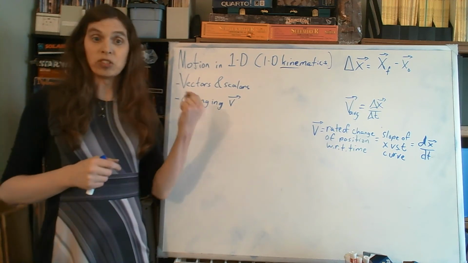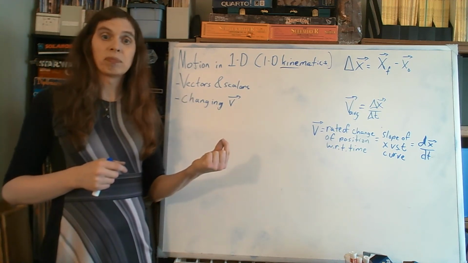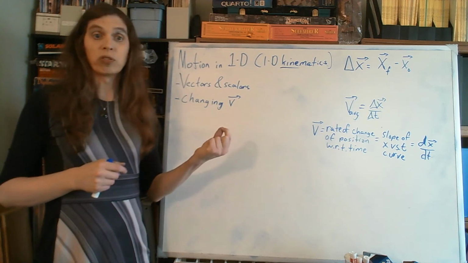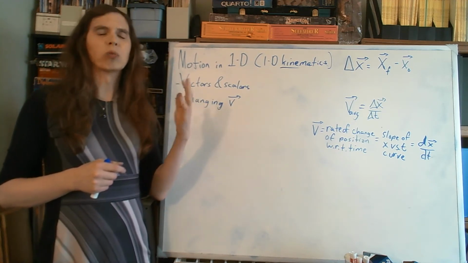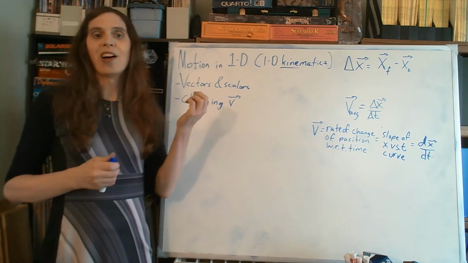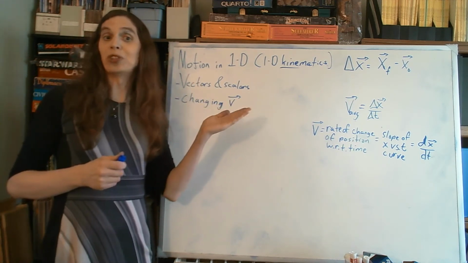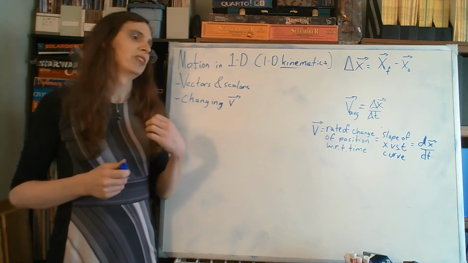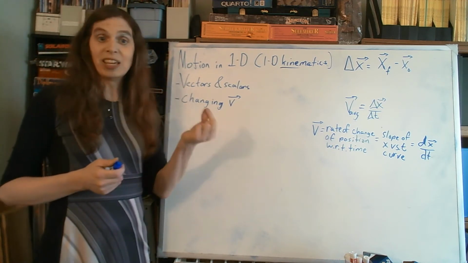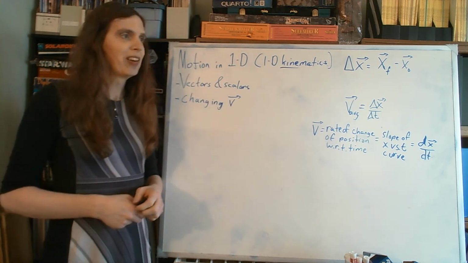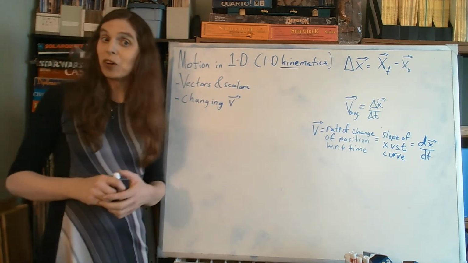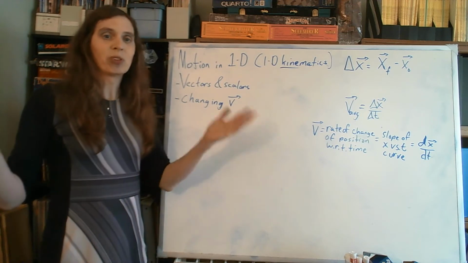So we have to have a zero value for time, like the start of a race, noon, or rather midnight on January 1st, 2020, or the instant that fusion began in the sun, the instant of the Big Bang, the instant the bell goes off at the beginning of class, whatever.